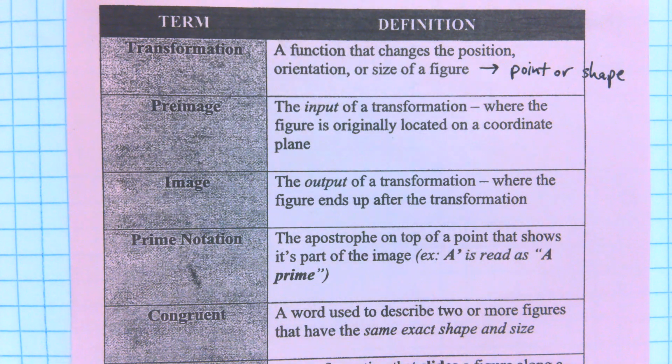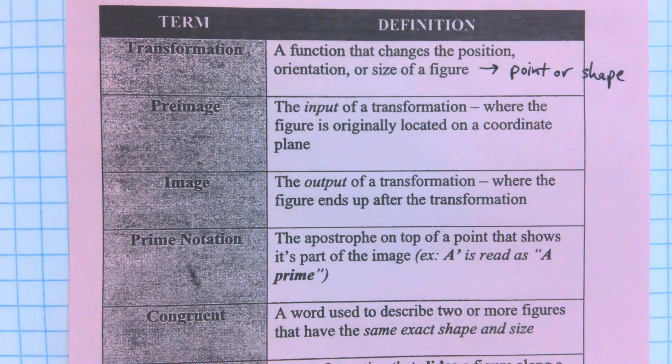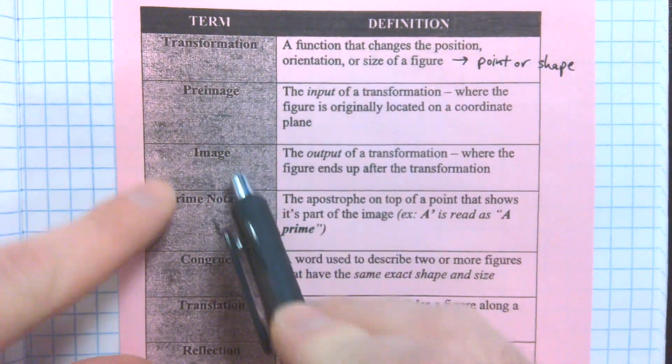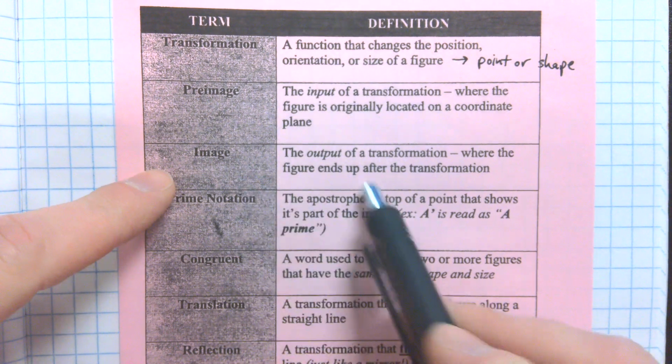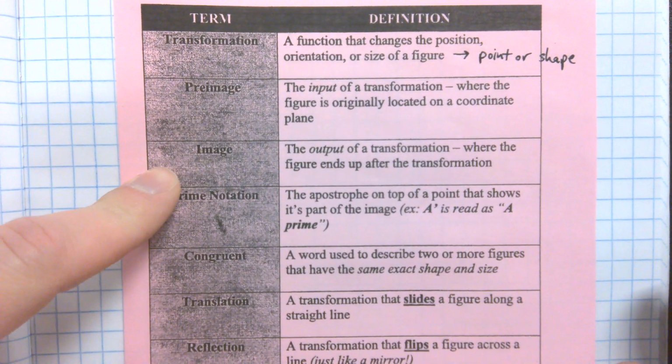Thank you, Ida. Tina, you got image for me? Perfect. An image is the output of a transformation. So we start with a pre-image, and we end with an image. It's where the figure ends up after we transform it.